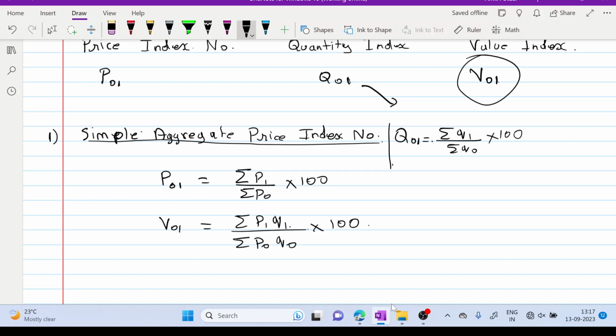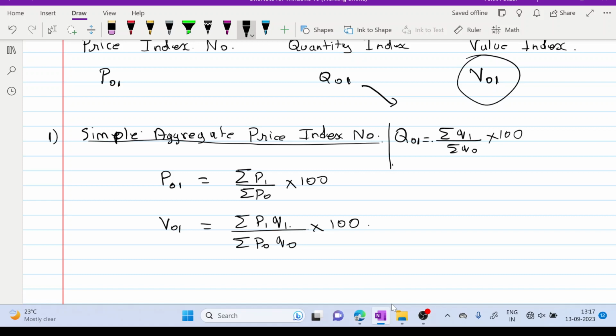There's nothing. You don't have to sit and learn like this. Summation P1 upon summation P0, summation Q1 upon summation Q0. ऐसे learn नहीं करते. वो 7th standard के बच्चे करते हो वो करने दो. You just have to see the logic that it is following. इसका logic क्या है? You are finding aggregate price index numbers.